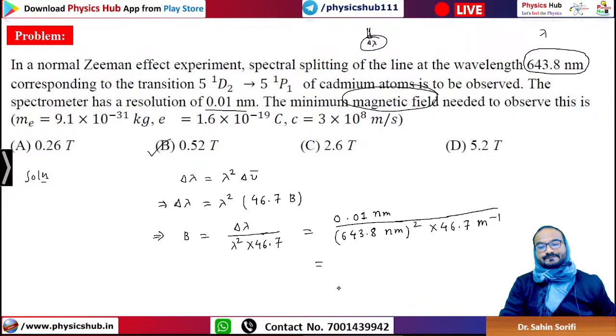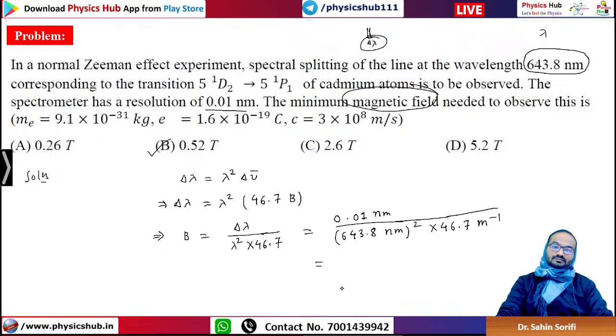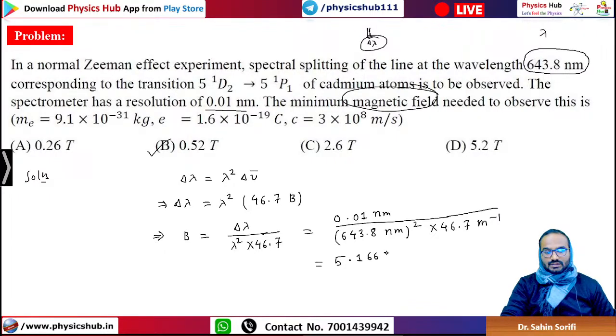So what are you getting? Calculate. One nanometer will be cancelled and you will get around 5.166 into 10 to the power minus 10 into 10 to the power 9.